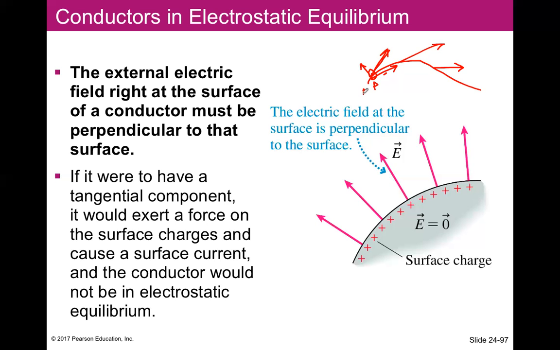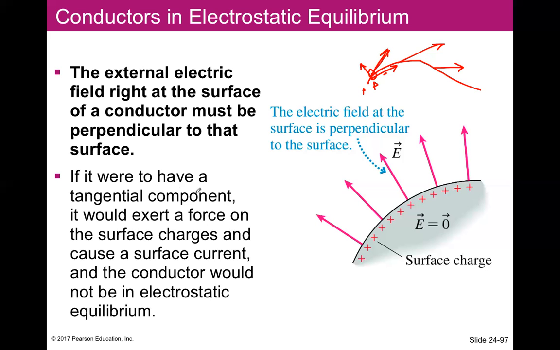So that's an equilibrium state. When the charges are in equilibrium, then all the field lines are perpendicular to the surface. So here, let's say the external electric field line right at the surface of a conductor must be perpendicular.